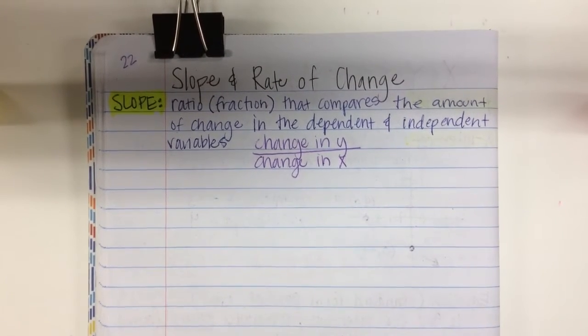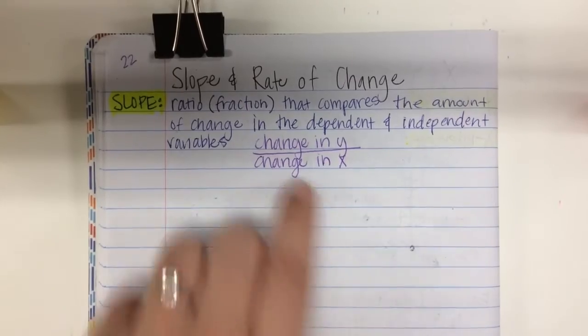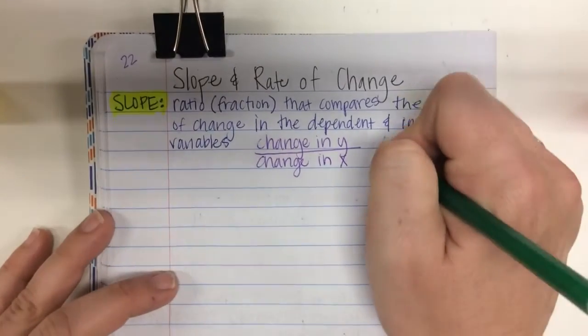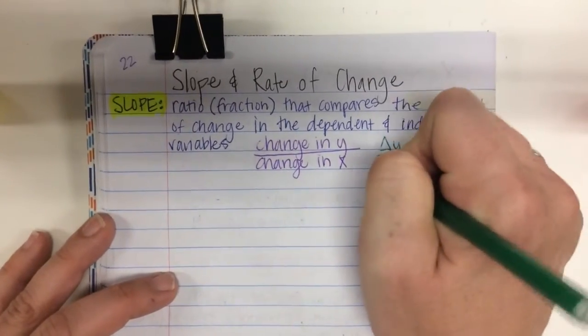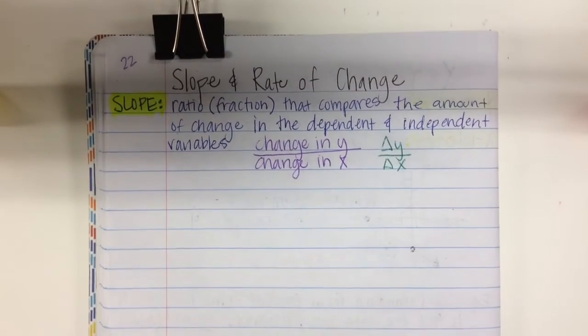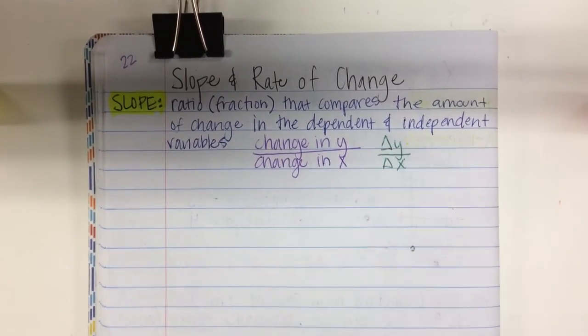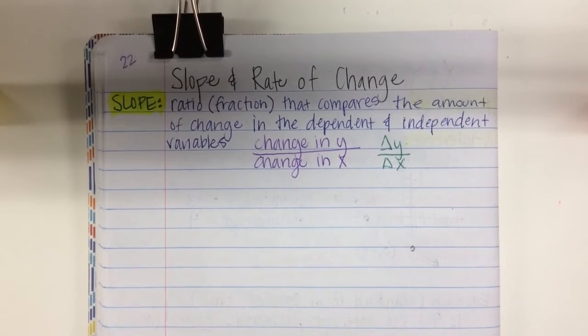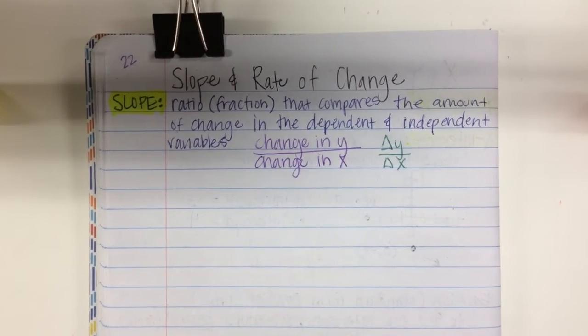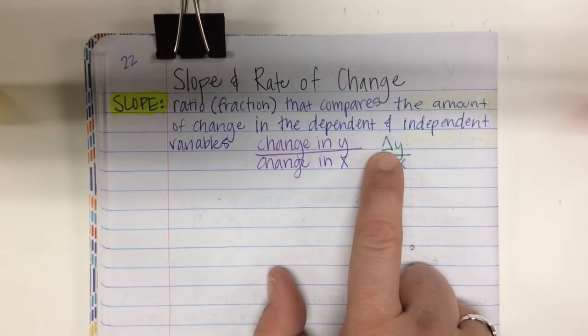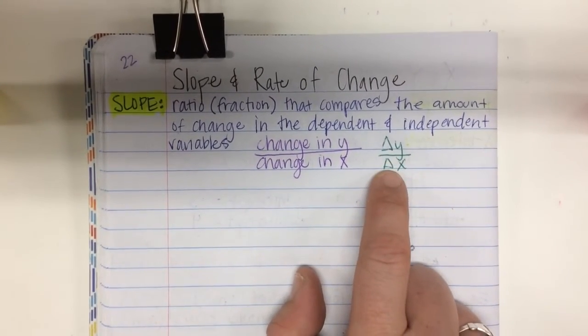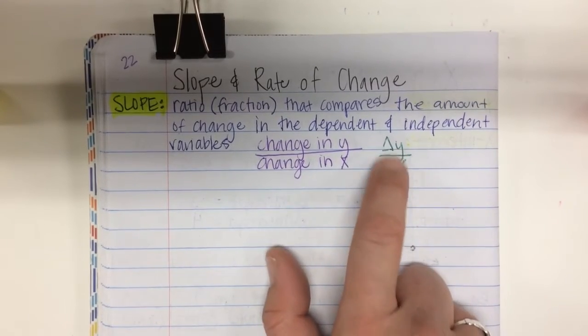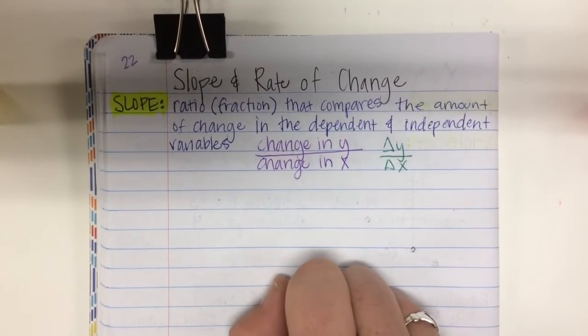An easier way of writing this is you may see it like this. And this triangle is called a delta. It's the Greek letter D, delta. In science, especially physics classes, they abbreviate the word change by using this symbol. This symbol, delta, means change.